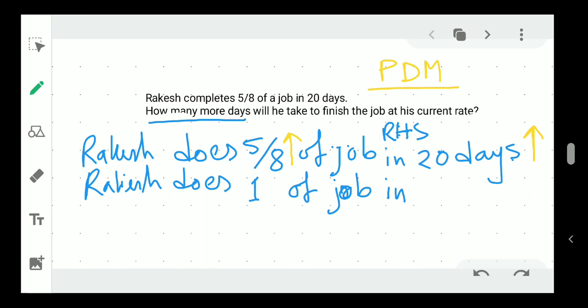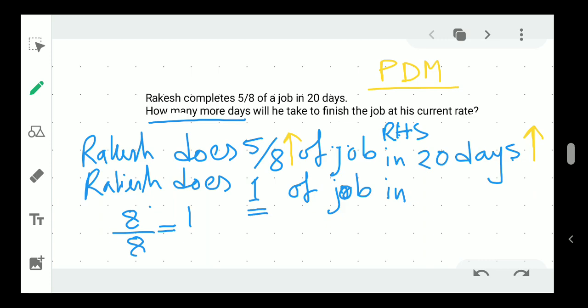Why? I told you earlier that if Rakesh has to complete the work, he has to do 8 out of 8 works. That means 8 homework out of 8 homework. Now when we have 8 out of 8, it is nothing but 1, because 8 and 8 can be cancelled easily. So I am finding the answer directly.